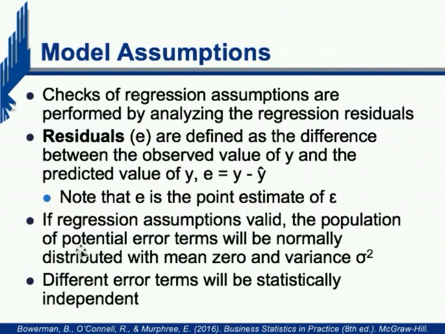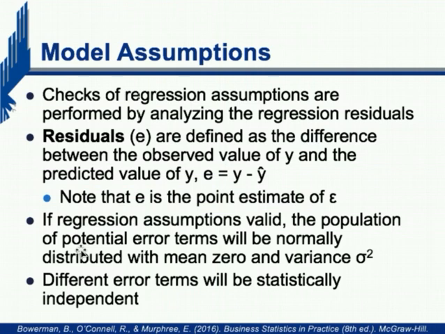Now, again, the model assumptions are verified by looking at the residuals. The residuals in the regression analysis are the main basis for validating the assumptions of the regression model.